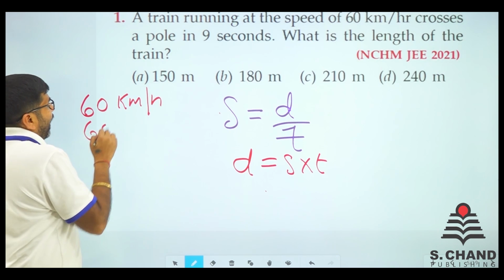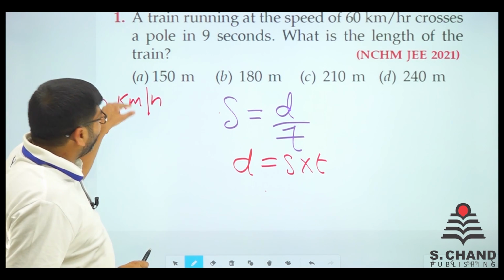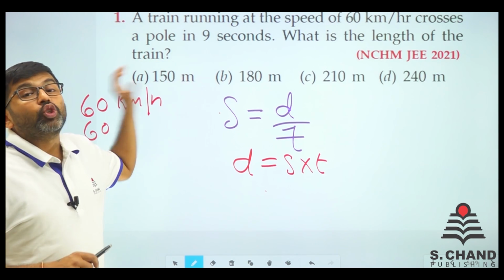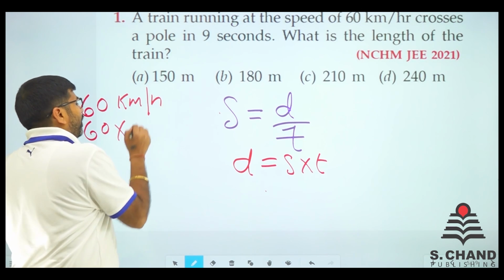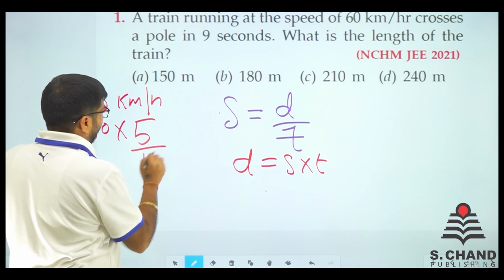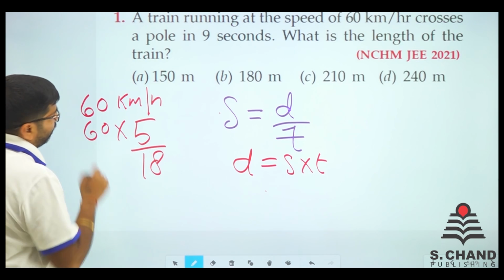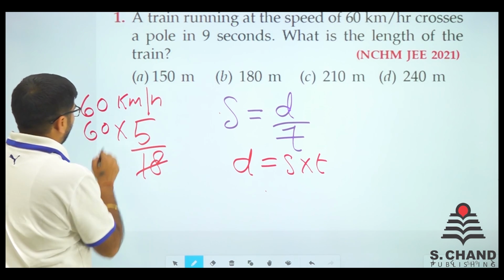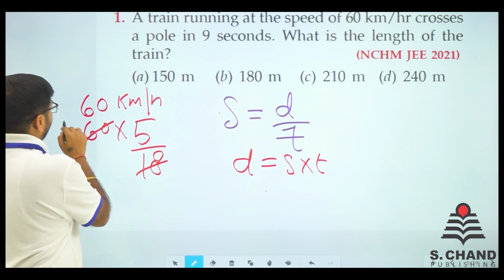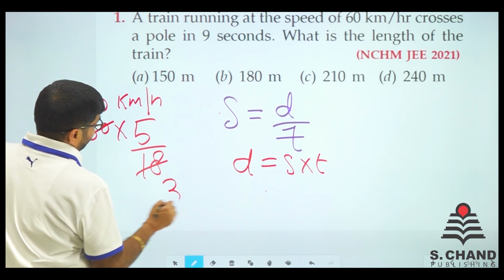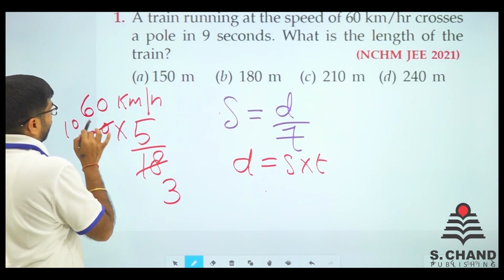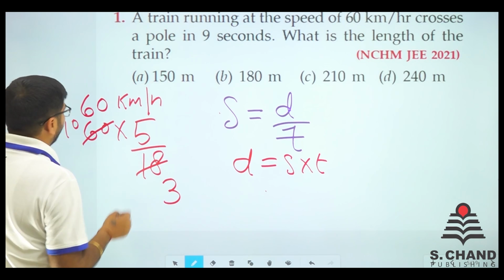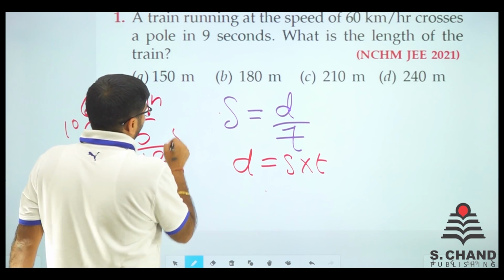So 60. And as I told you, when I have to convert from kilometers to meters, I want the smaller value, so I will put the smaller value on top: 5/18. Now this can be converted like this: we multiply this by 10 and this by 3, because 60 is like 6 into 10, 18 is 6 into 3. So we got 50/3.